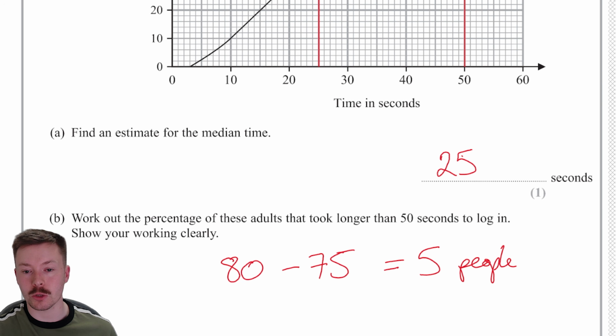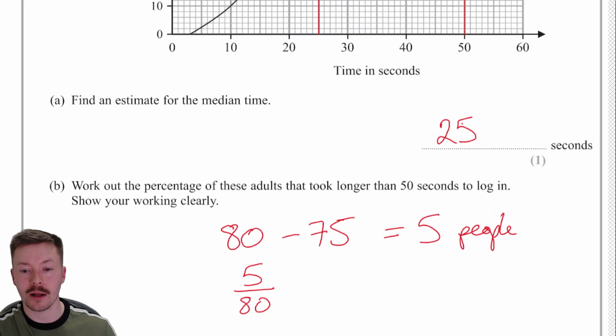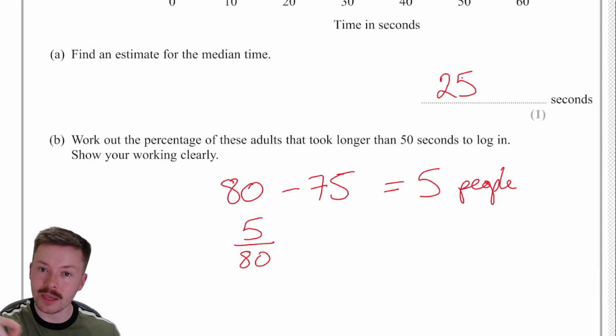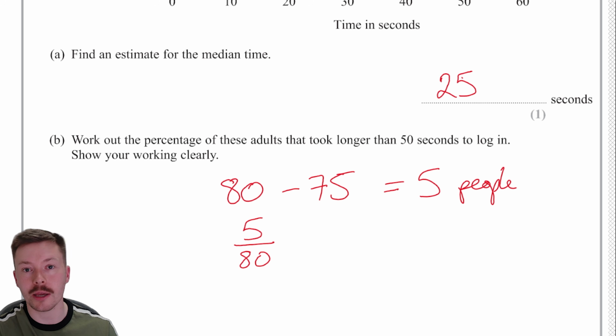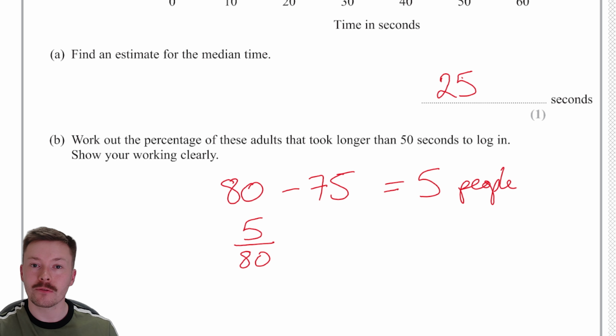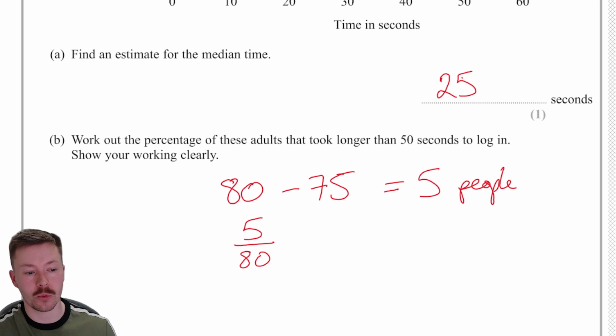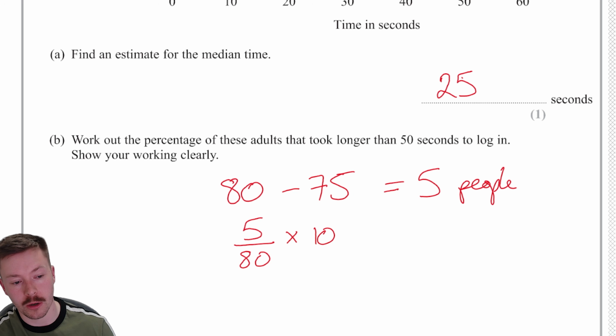We need to now make that into a percentage. So we need 5 as a percentage of 80. The way to do that is to write it as a fraction first, 5 out of 80, and then change that into a decimal, which our calculator can do by pressing S to D. From a decimal to a percentage, you times by 100.